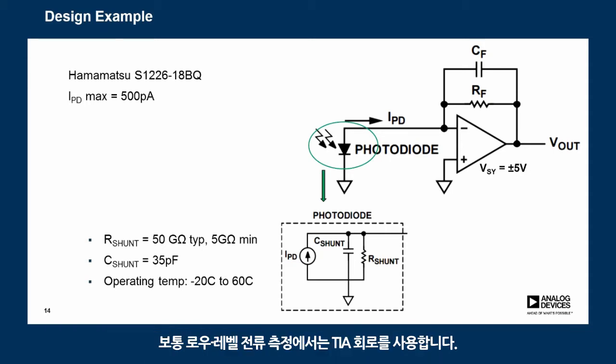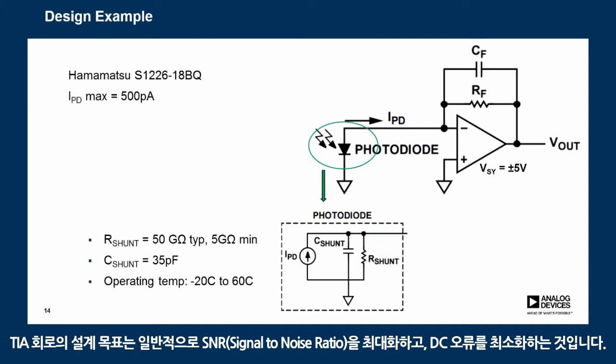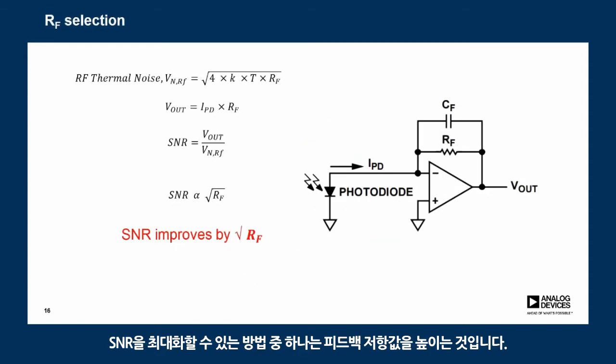So usually in low-level current measurement, we use a TIA circuit. The design goal of a TIA circuit is usually to maximize signal-to-noise ratio and to minimize DC error as well. One of the ways that we can maximize signal-to-noise ratio is by increasing the value of the feedback resistor.